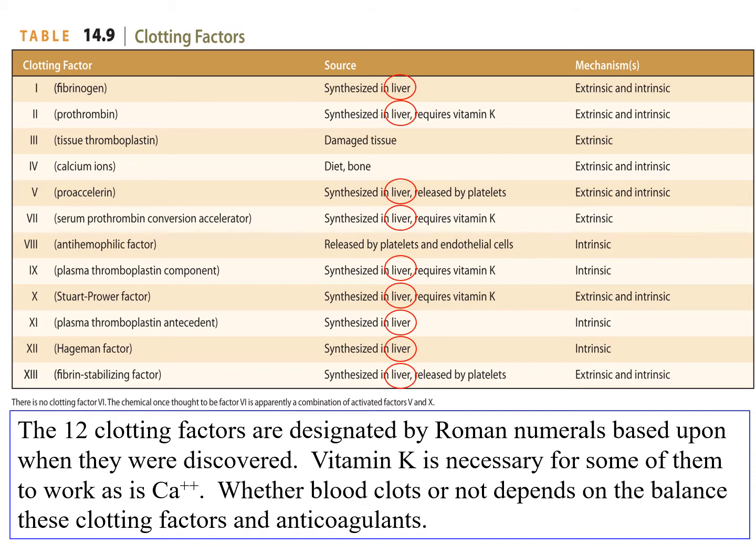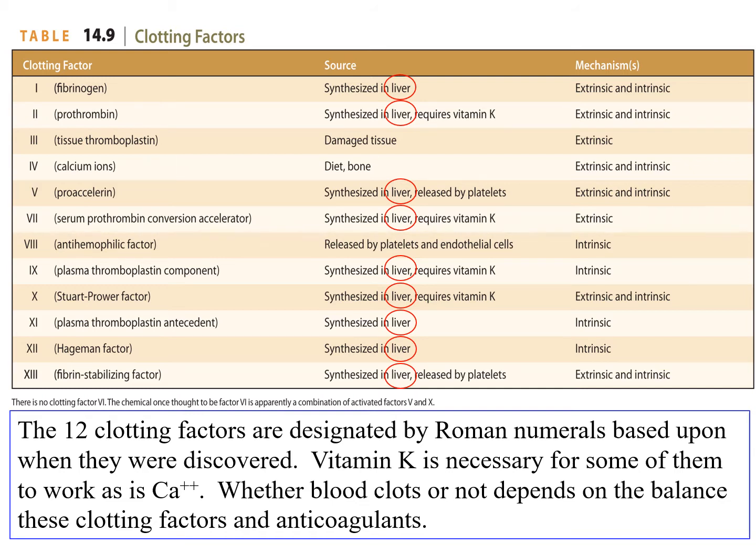That's involved in both extrinsic and intrinsic clotting, while others, like say clotting factor 3, may be only involved in extrinsic, while say number 9 and 8 are only involved in intrinsic clotting. So it kind of depends upon the clotting factor as to whether it's involved in both or one or the other types of clotting.